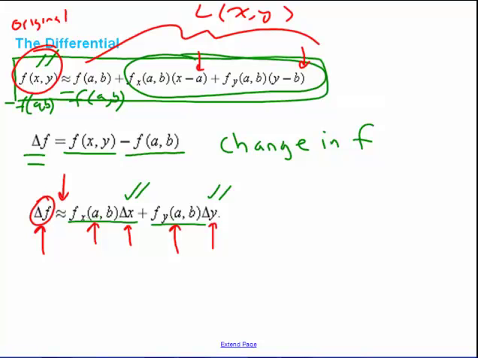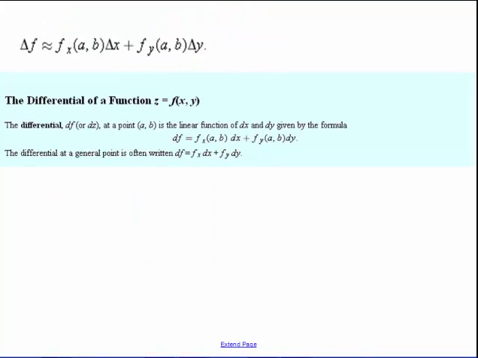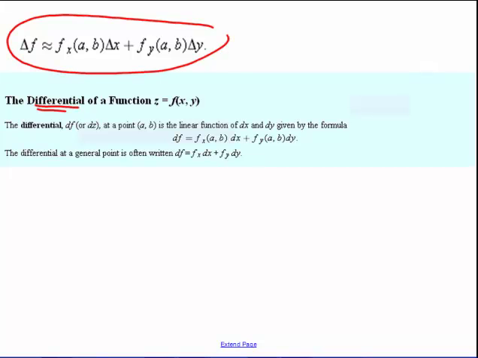And this is an introduction to a tool that we're going to be using quite a bit. This idea is so important that it's given a name, the differential. And the idea is, if we let delta x approach 0 and delta y approach 0, then delta f will correspondingly also approach 0.